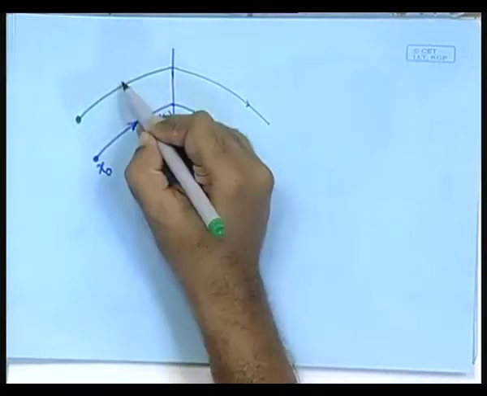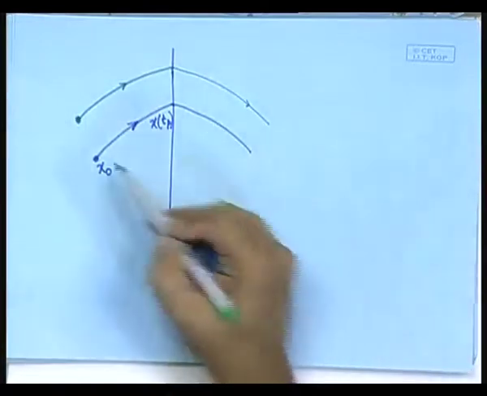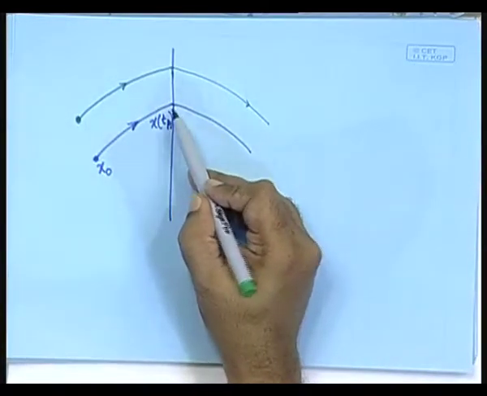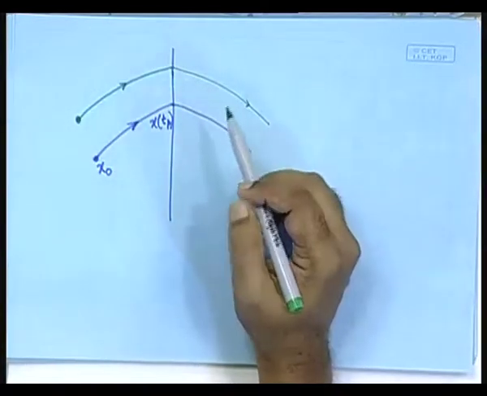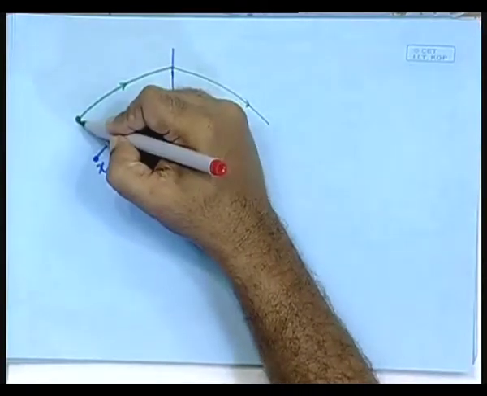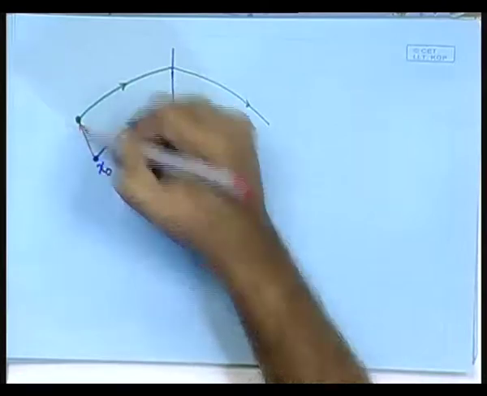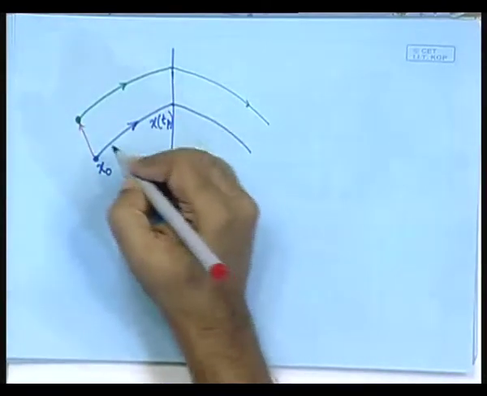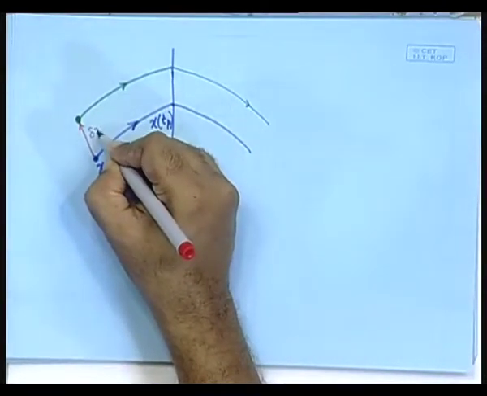So, the blue one is the original trajectory, and the green one is the perturbed trajectory, and the perturbation is given by this vector, and this vector is delta x naught.